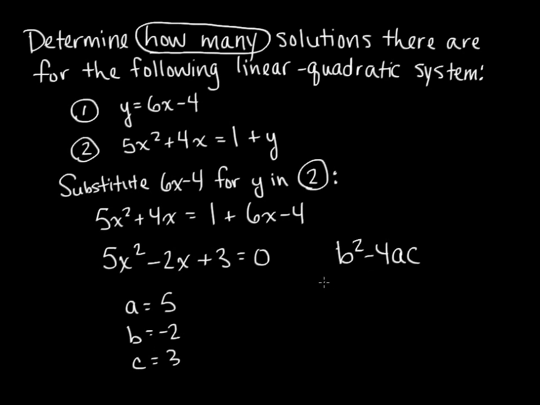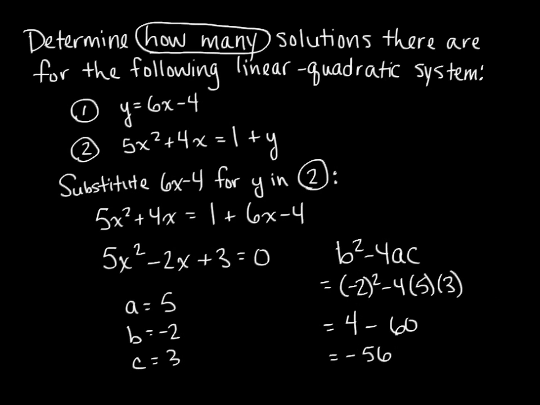And we substitute them into the discriminant. So we get negative 2 squared minus 4 times 5 times 3. And so we get 4 minus 20 times 3 is 60, which is negative 56.